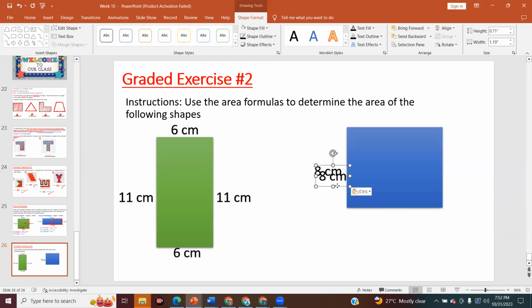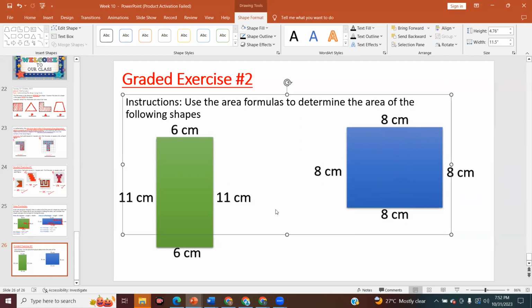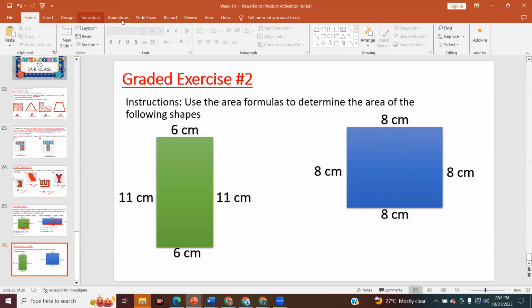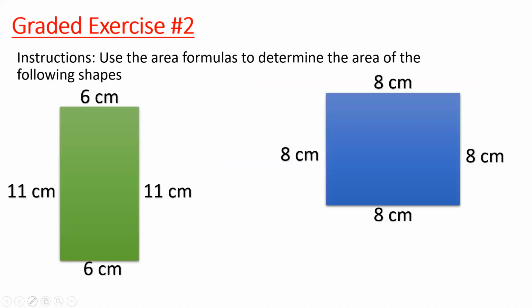This side is also 8 centimeters, and then finally, we know that this side is also 8 centimeters. And so if that's the case, what is the area for number 1 and what is the area for number 2? Remember to use your area formulas to find out the answer. Once you finish, take a picture of your work and send it to me via WhatsApp, please.